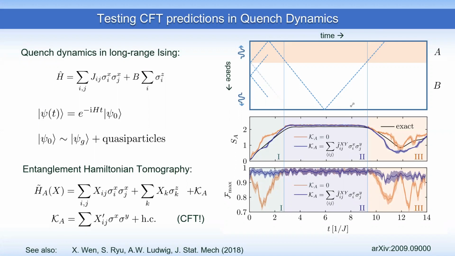One thing about this entanglement Hamiltonian tomography is that, in contrast to standard quantum state tomography, like this projected least squares or things like that, we don't have to measure in that many different bases.